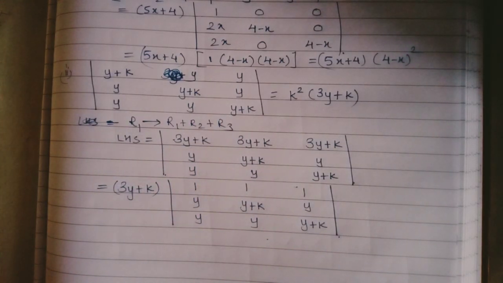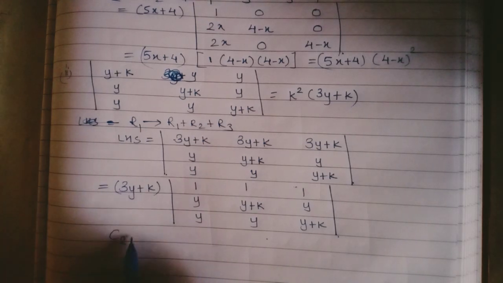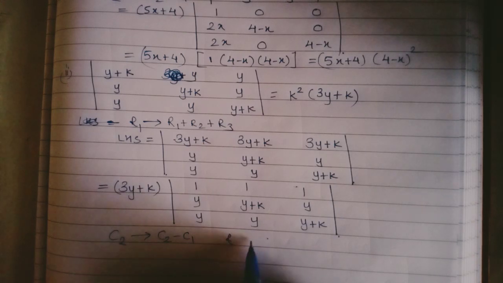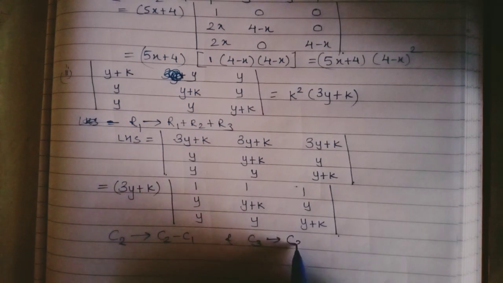Okay, now we want k square. So you have to operate either on R or on C. Okay, let's operate on column. Let's see what we get. So if I take the same steps like C2 changing to C2 minus C1 and C3 changing to C3 minus C1.